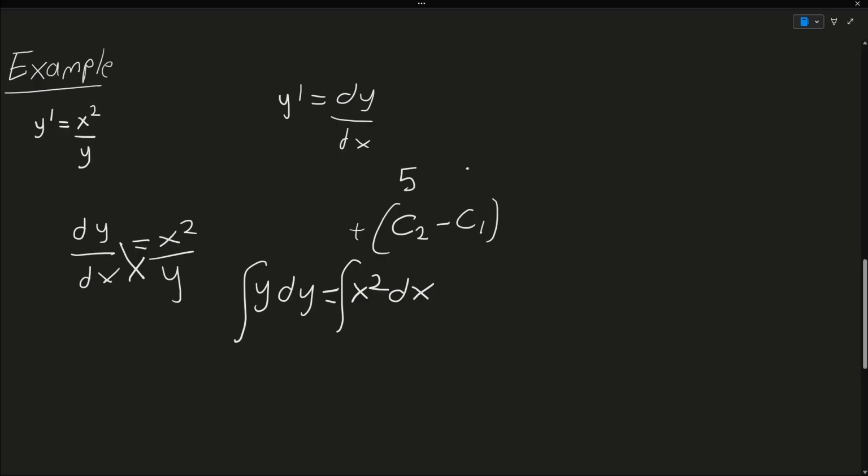Imagine c2 was 5 and c1 was 4, you would get 1, which is another constant. So you can just call this another c. In that case, you don't have to write both c's. You can just write c for one of those, and that would account for the constant term.